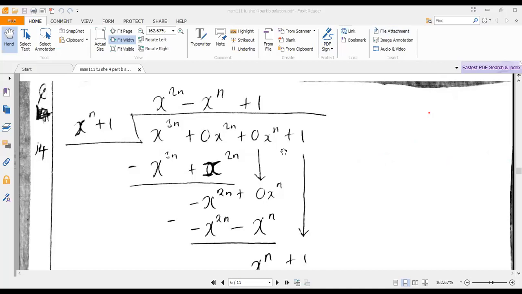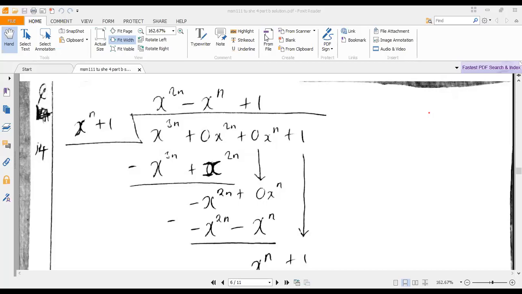I'm not clear on where you subtract 0x minus x to n. How is it negative x to n? Yes, sir. When you're subtracting this, isn't that supposed to be 0? Oh, sir. Okay, let's do this.